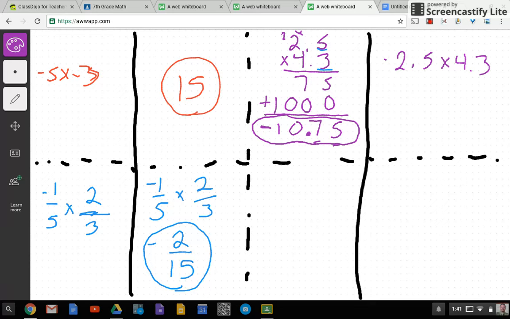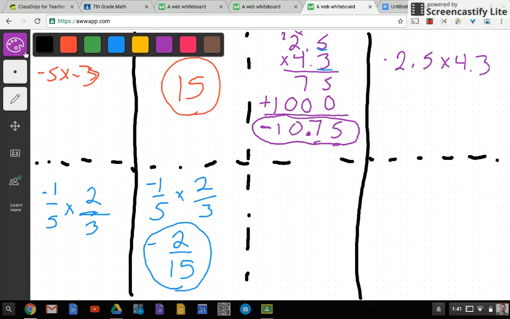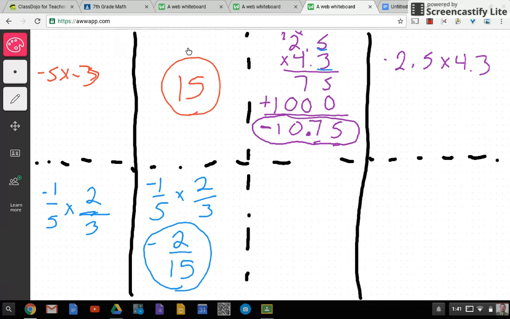My final one. I'm not going to write this problem down on the flap because through process of elimination, you should be able to figure out what it is. So I've got a negative 3 1/2, and I am multiplying it times a negative 4 3/4.